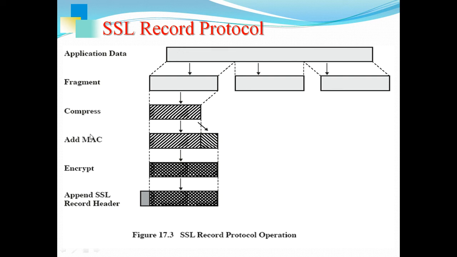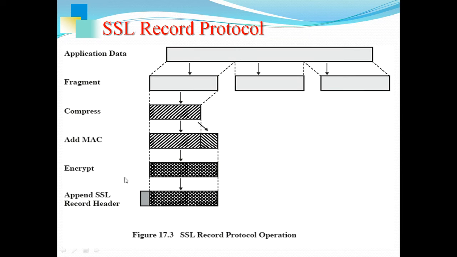Then, on this fragment, calculate the MAC, the message authentication code. This is the compressed fragment. On this, calculate the MAC.